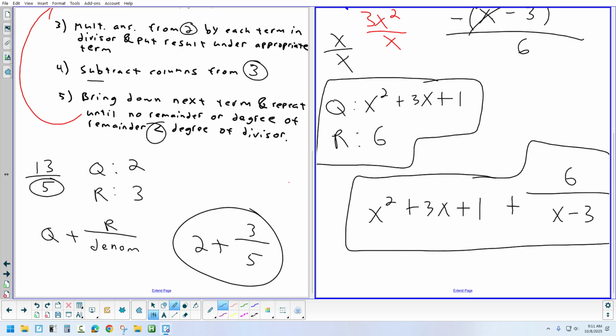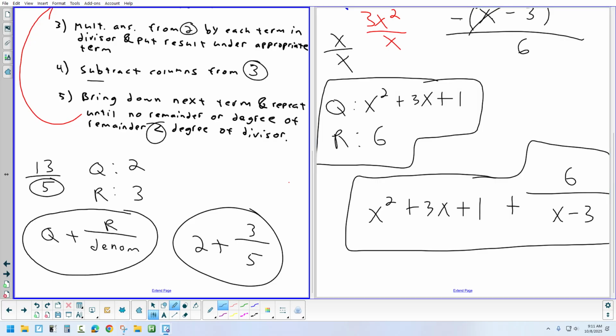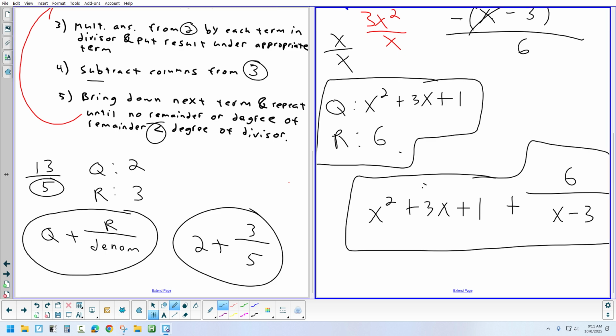So that's a different way to write your answer, but it means the same thing. Okay, you would want to be familiar with both. But that is this pattern right here. Quotient plus remainder over denominator. Okay. Any question on writing your answer either way?